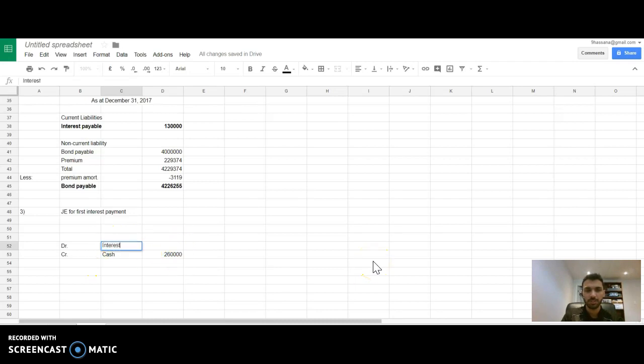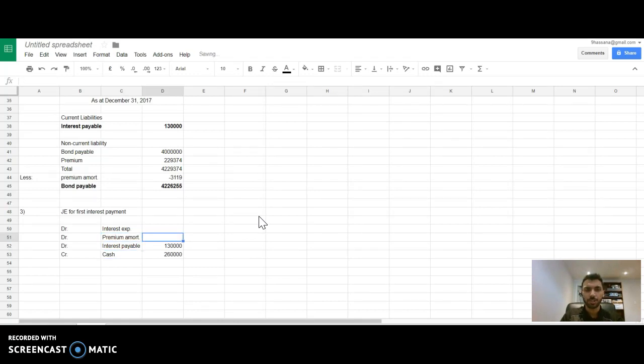So interest payable, that's a debit of 130,000, which is the same 130,000 that we had before, and that clears that account out. And then when we're paying this interest amount, we know at a minimum we're going to have interest expense. And because there was a premium when we first issued the bond, we're going to have premium amortization.